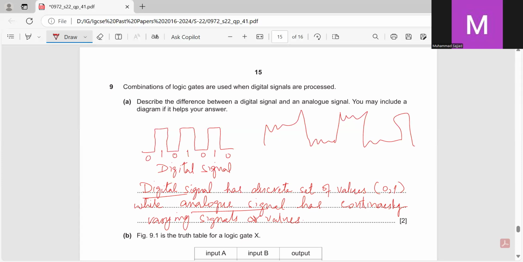So this is analog. This is analog signal. So continuous variation.